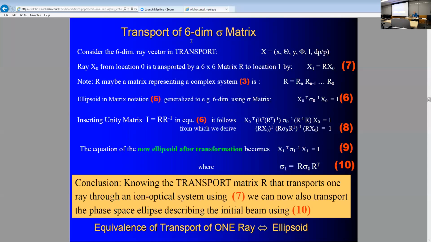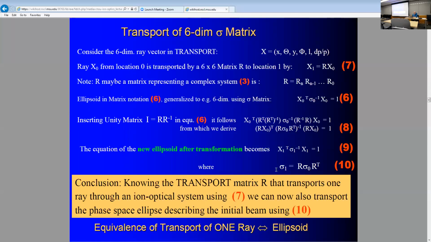If you enter now the unity matrix, which is matrix R times the inverse, and then you get that matrix with all zeros except for ones on the diagonal, and you enter them here, you rearrange them, you come again to a new ellipsoid where it is defined now from the matrix at the beginning to the matrix at the end, and you take the transposed matrix R, and here the matrix, and then you have a new ellipsoid.